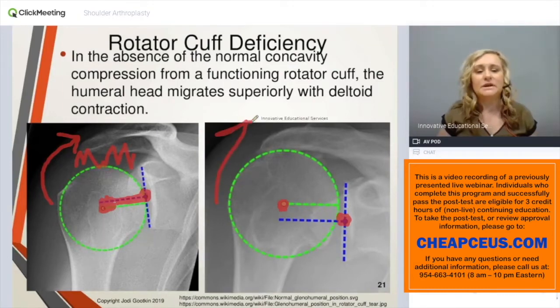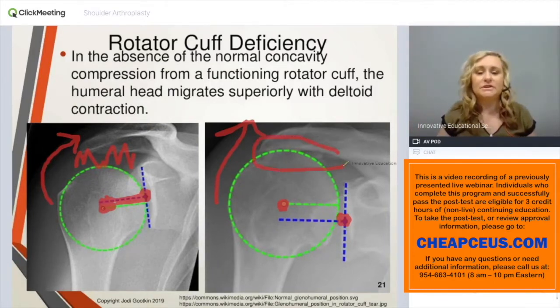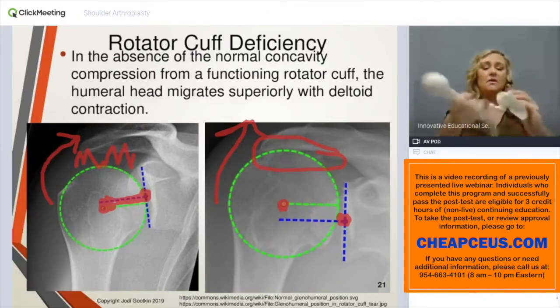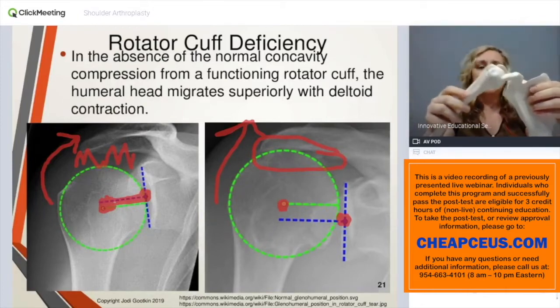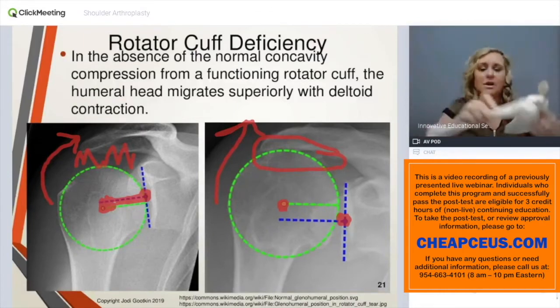Well, as those deltoids abduct, if you don't have a functioning rotator cuff to control that shear and compressive force, see how we lost our joint space up here under the acromion? It actually is going to allow superior translation of that humeral head every time the patient tries to lift their arm.